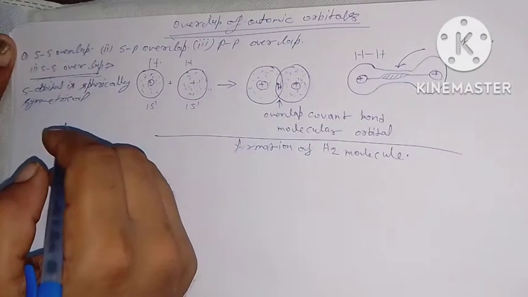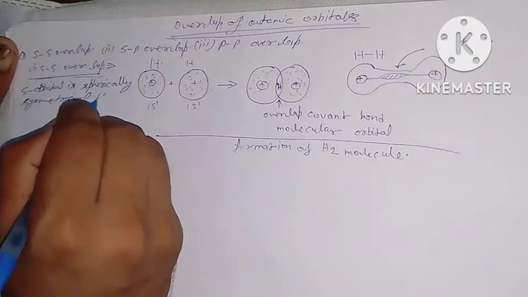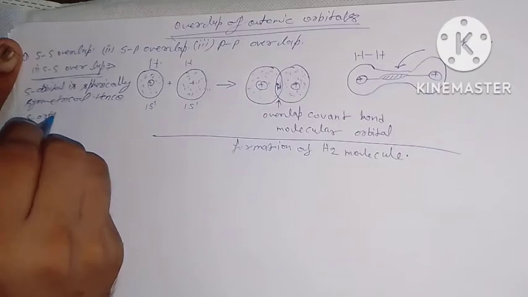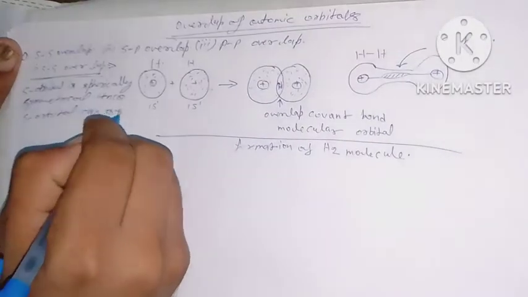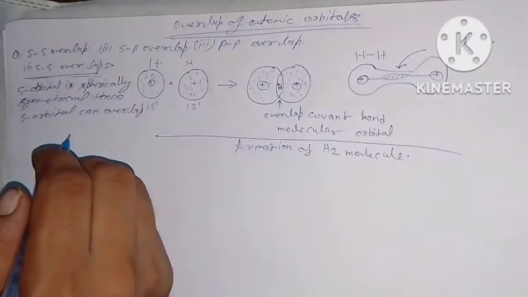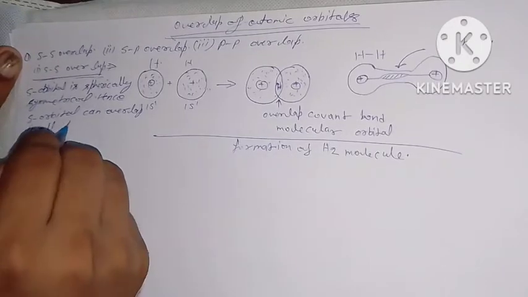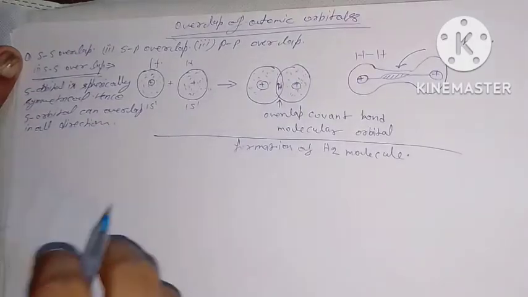Hence the S orbital can overlap in all directions.